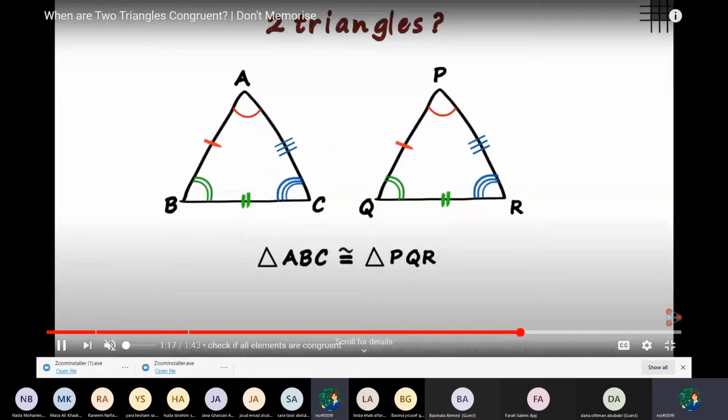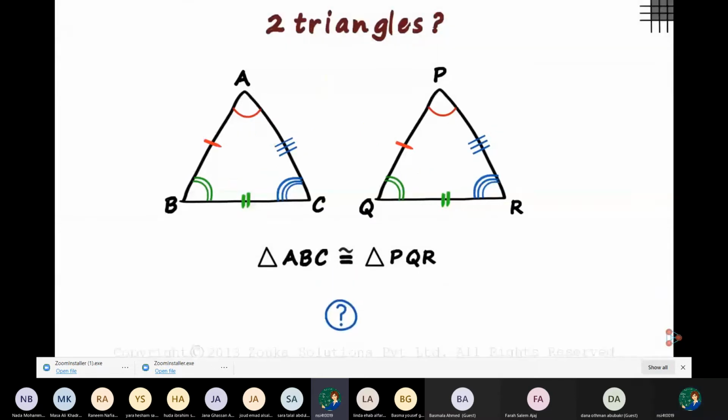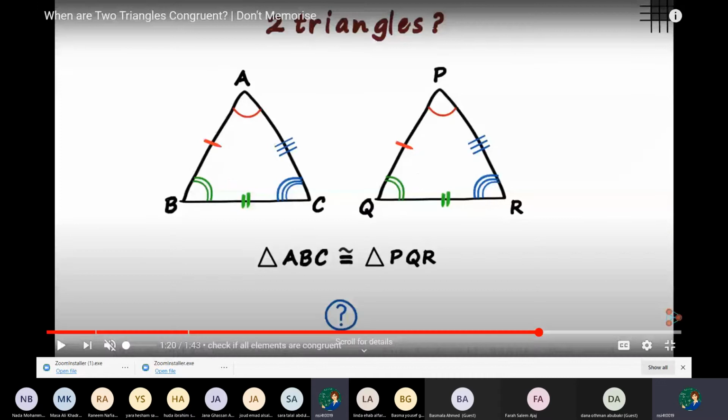So because of that, each side is congruent with the others. Okay, so since all 6 elements are congruent, we can say that this triangle ABC is congruent to PQR.